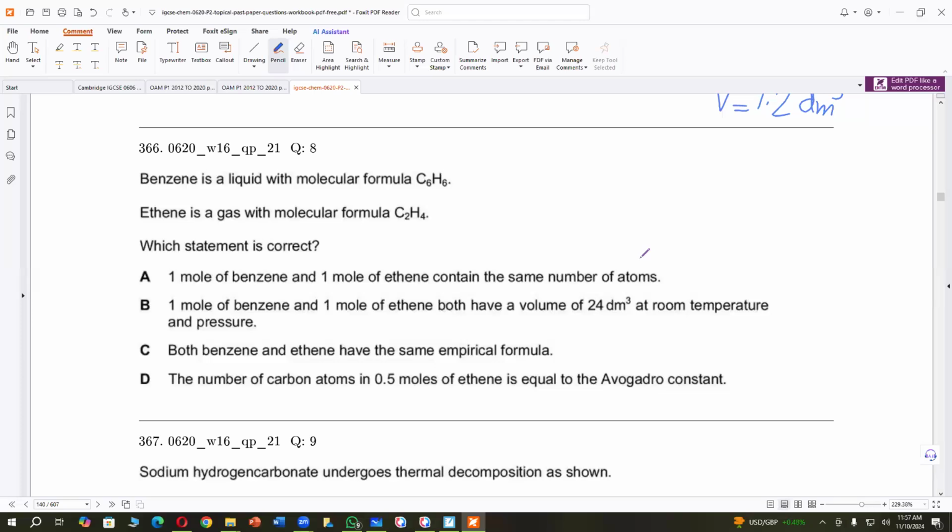Benzene is a liquid with molecular formula C6H6. Ethene is a gas with molecular formula C2H4. This is a theory question. We have to eliminate one by one.